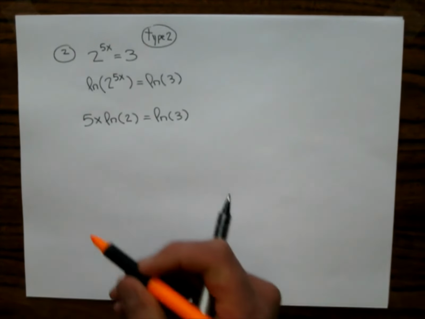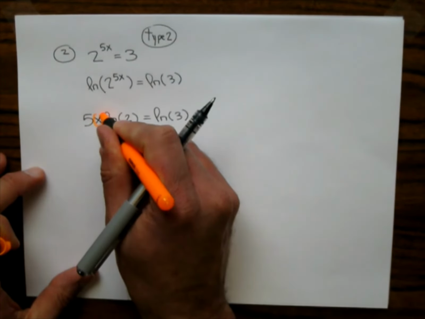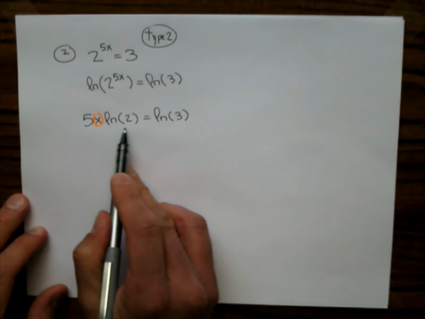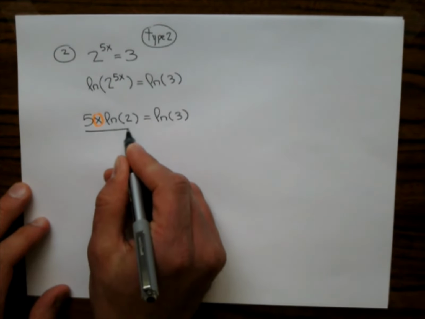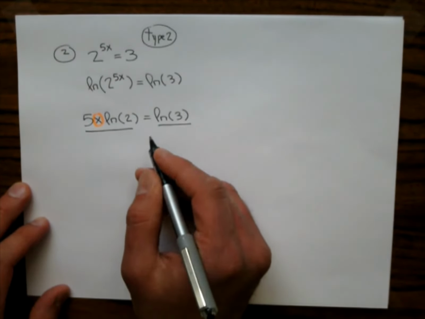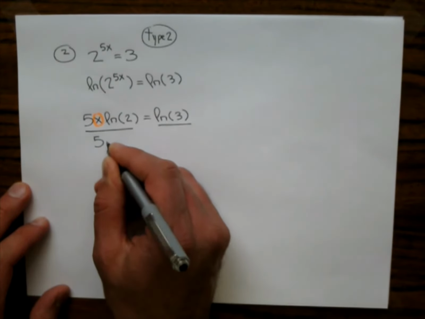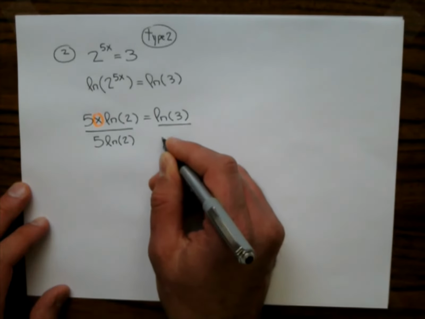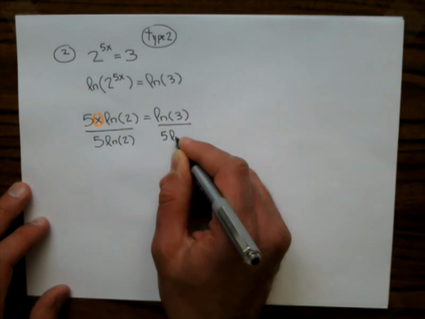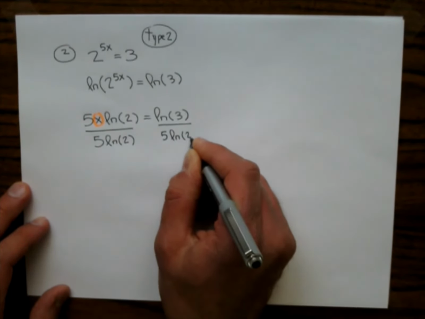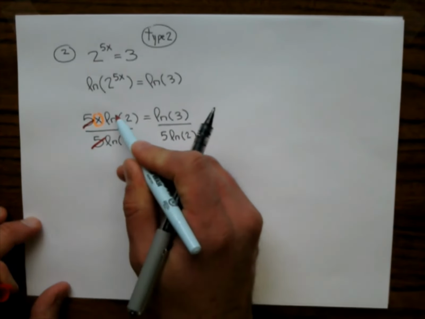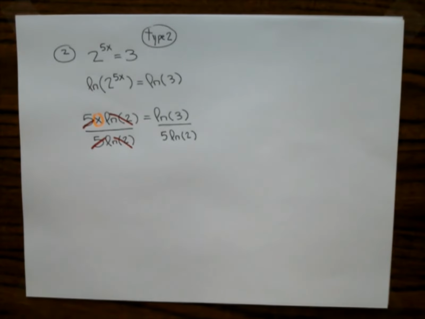Now I'm trying to solve for this x right here. And he's got 5 multiplied by it and then this other number. So what I'm going to do is divide both sides of this equation by 5 ln 2. And so, of course, these guys right here are going to cancel.